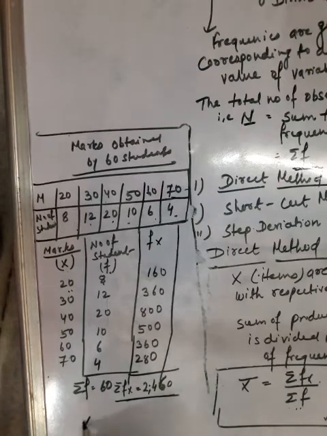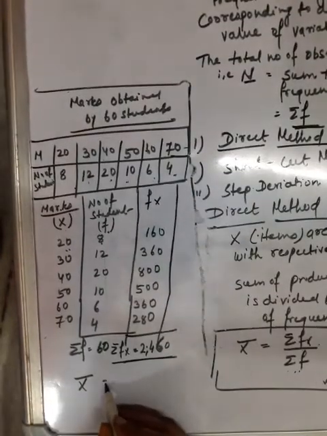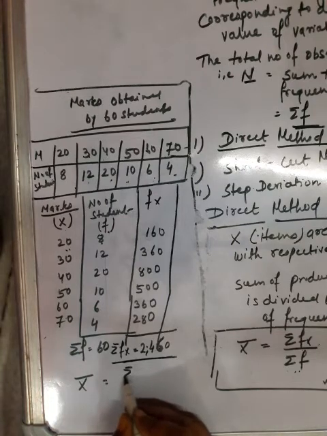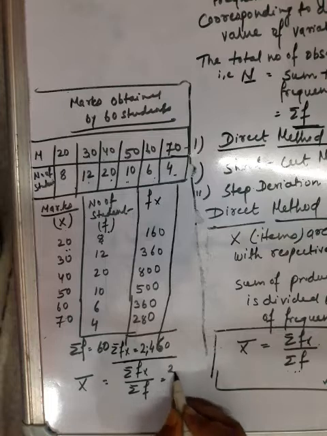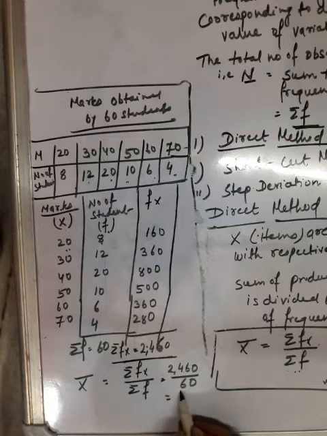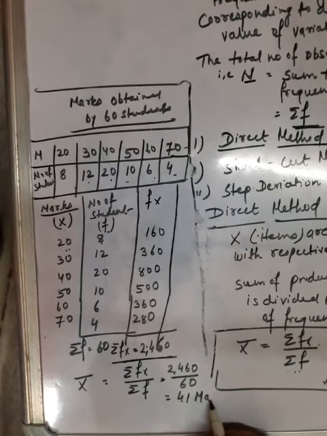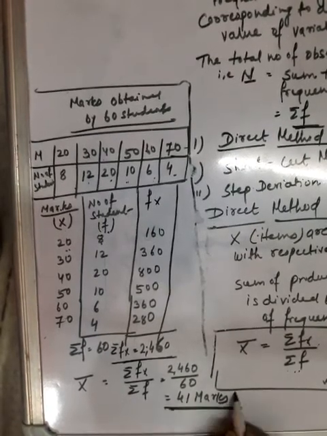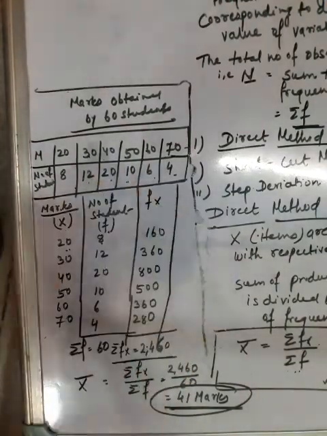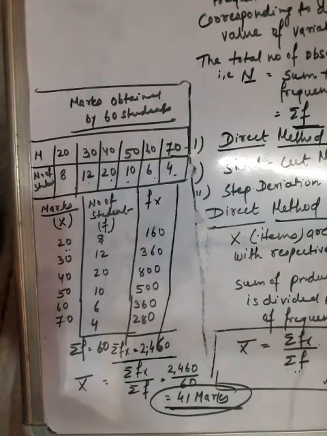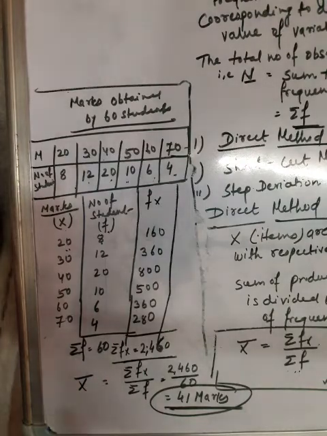We put it in the formula, summation of fx by summation of f, 2460 by 60, and we get 41 marks. 41 marks is the average marks among these students. This is the computation of mean by direct method in discrete series.